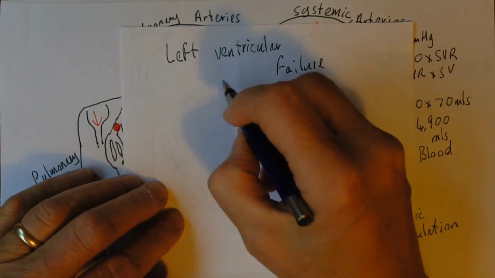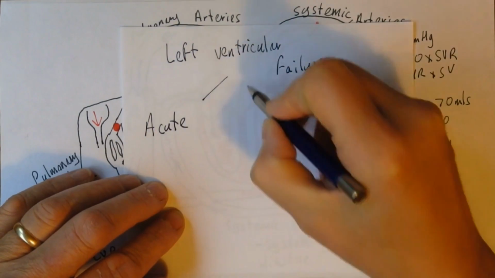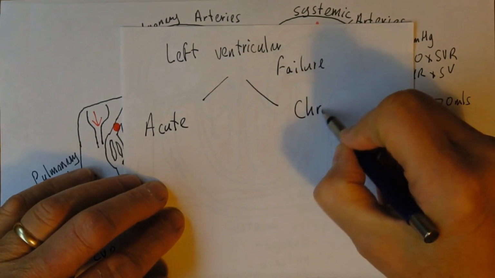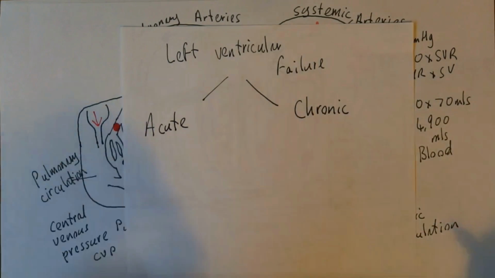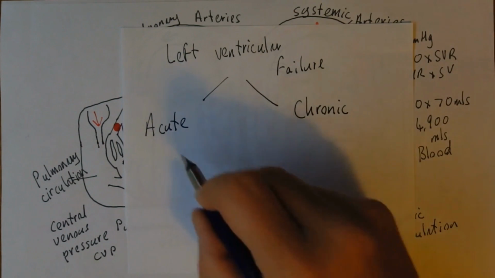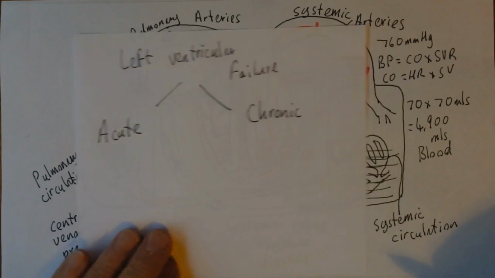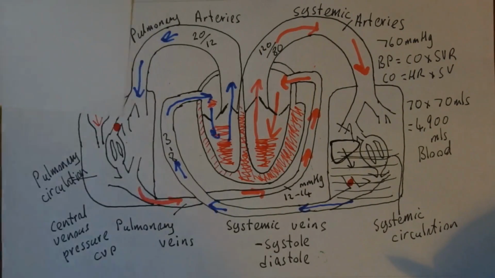And as with many conditions, as we've seen, it can be acute or it can be chronic. There can be an acute or chronic form. Now, the acute form can be caused by valvular failure, but the most cases I've seen of acute left ventricular failure have actually been caused by acute failure of the left ventricular myocardium, normally caused by an infarction.